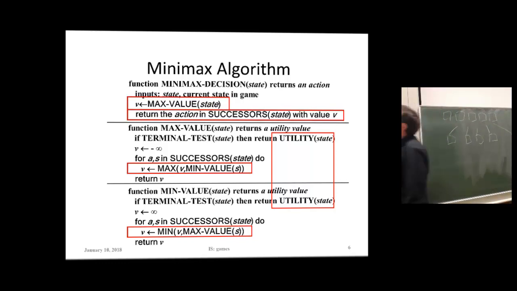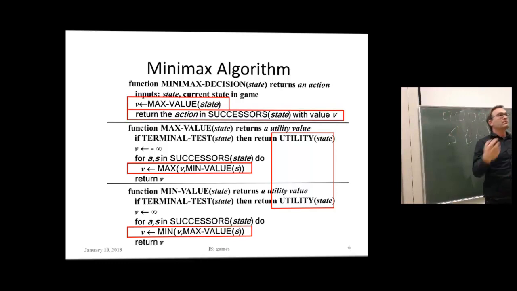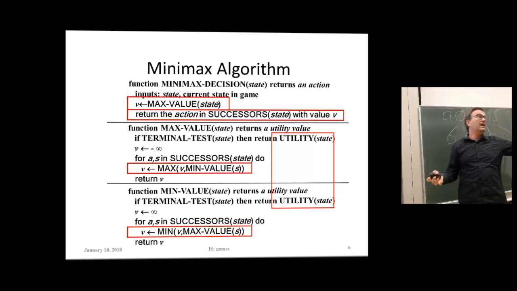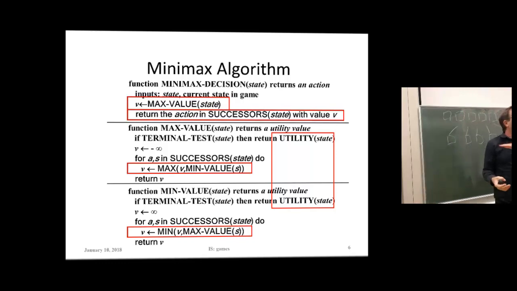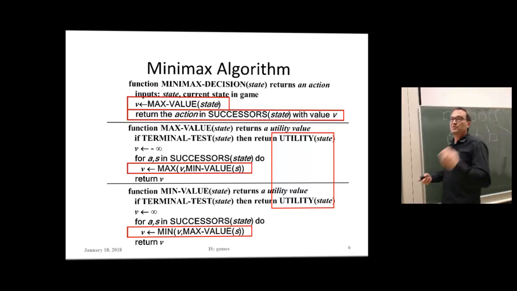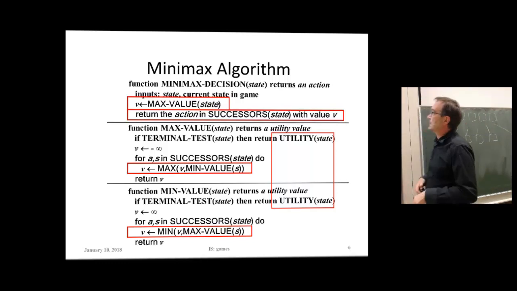The function max value returns either the utility value, as I explained in the beginning, or a heuristic estimation of the position I'm in, depending on whether I can calculate all the gains till the end or whether I have to do some cutoff in the middle.